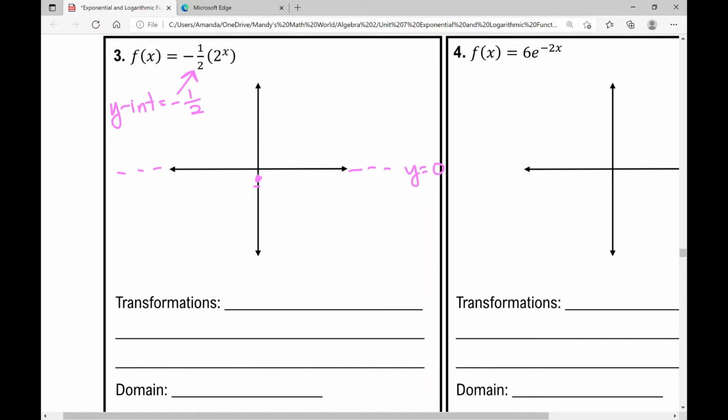Okay, what does the negative do? It's a reflection across the x-axis. And then what does that 1/2 do? That is a vertical compression by a factor of 1/2, right?